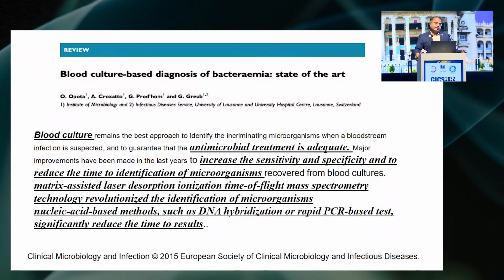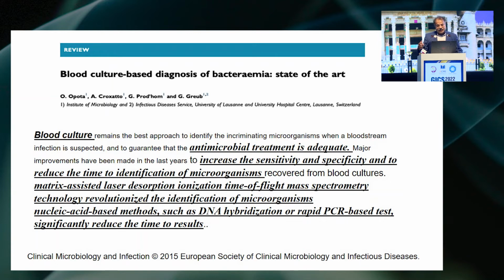Blood culture: if the patient has fever, it's our routine to ask for 2 sets of bacterial culture. But if somebody has infection, has sepsis, particularly bloodstream infection, we want to know the bug quickly and we want to know the sensitivity quickly.